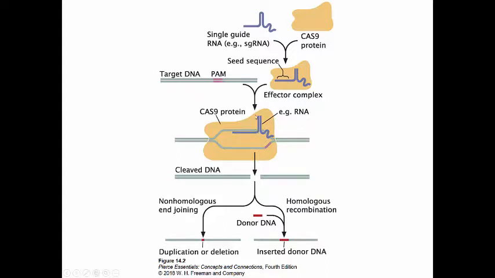Notice how this complex of protein plus RNA makes a break, and if the scientist inserts a new piece of donor DNA at the particular time, it's likely that that piece of DNA will be incorporated into the genome. To this date, this has been the most effective system that we've discovered for inserting new pieces of DNA and getting them to apply to a large number of cells.